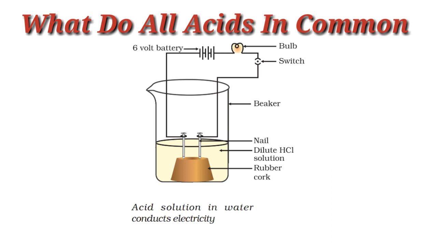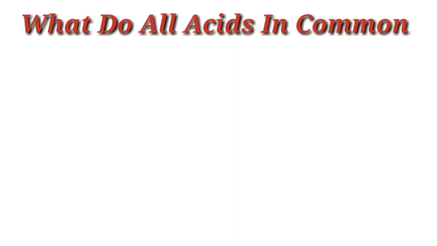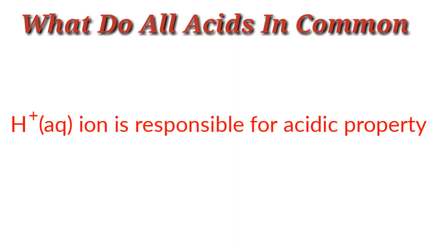This shows that hydrochloric acid solution and sulfuric acid solution conduct electricity, and the electric current is carried through the solution by ions. Since the cation present in acid is H+, this suggests that acid produces hydrogen ion in solution, that is H+ aqueous ions, which is responsible for their acidic properties.